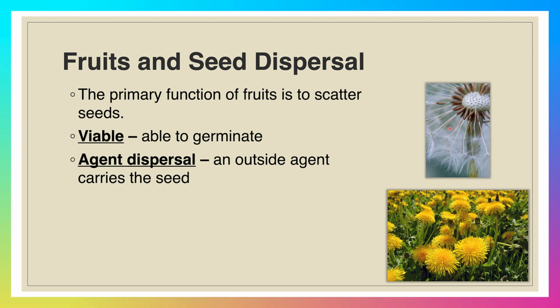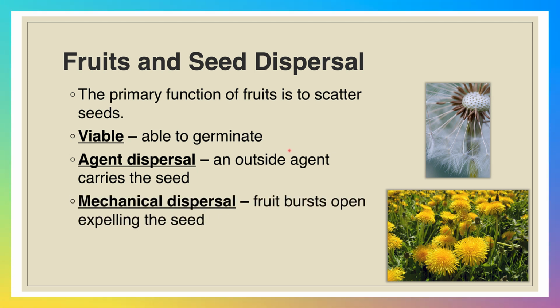These sunflower or dandelion seeds, when they break off, are carried by the wind, and the wind is the outside agent. Animals eat fruits, and the animal is the dispersal agent, and they poop out the seed and spread the seed that way.